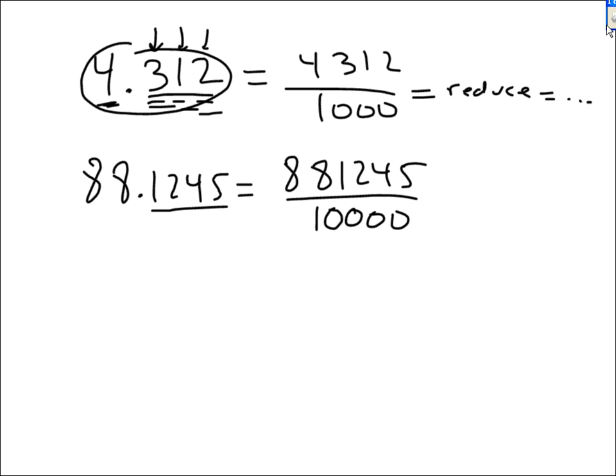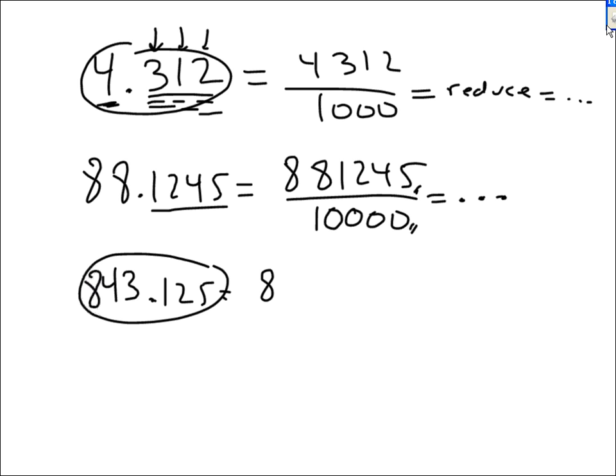And I guarantee you 5 goes into both of these numbers, because they end in 5 and 0. I'll leave you to reducing it. If you were given 843.125, well, just write this number without a decimal.